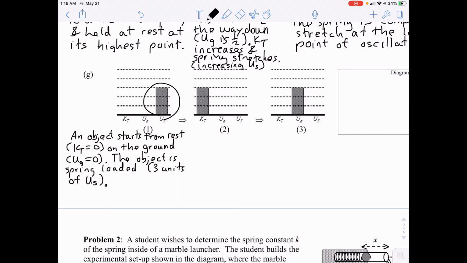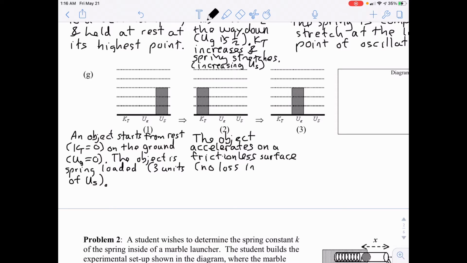Now, if we look, that spring energy is completely transformed into kinetic energy. There's no loss in mechanical energy, so what we know is the object accelerates on a frictionless tabletop, or say, a frictionless surface, because there is no loss in mechanical energy.